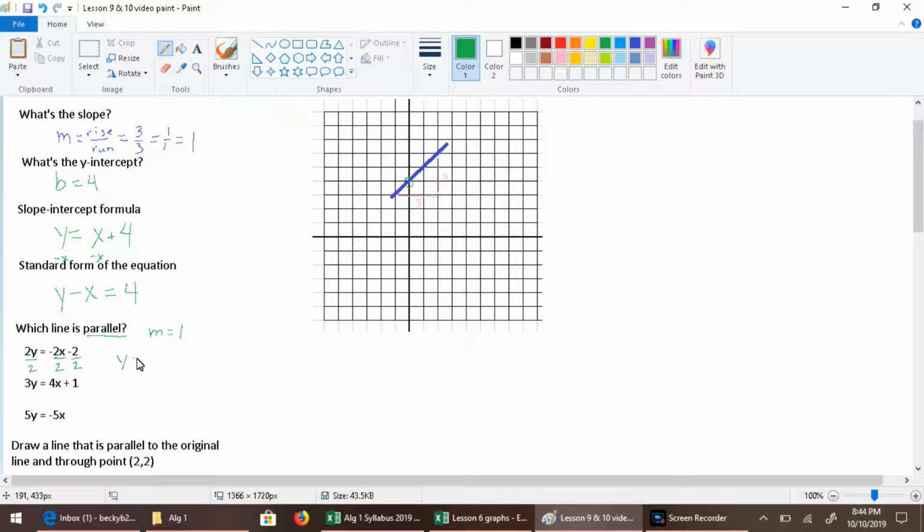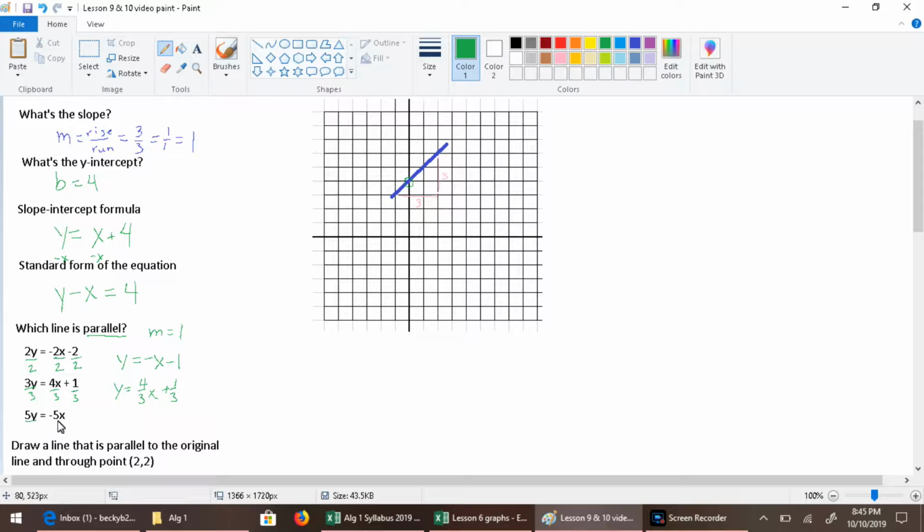We'd have y equals, this one would be negative x minus 1. Here we're going to have to divide by 3, divide by 3, divide by 3. We're going to get y = 4/3 x + 1/3.